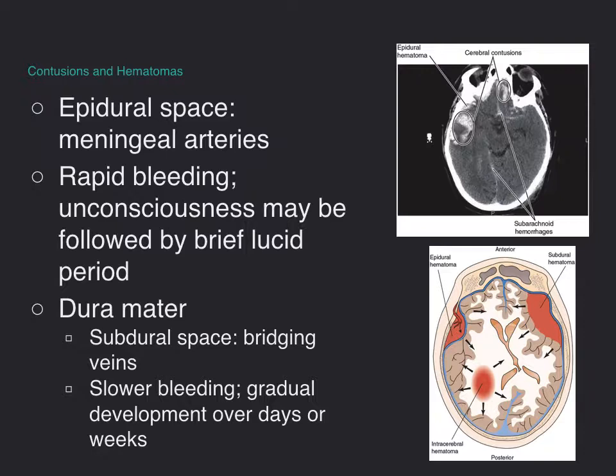Hematomas, however, result from vascular injury and bleeding. Depending on the anatomic position of the ruptured vessel, bleeding can occur in any of several compartments, including the epidural, the subdural, and the subarachnoid spaces, or into the brain itself, and then we call it an intracerebral hematoma.